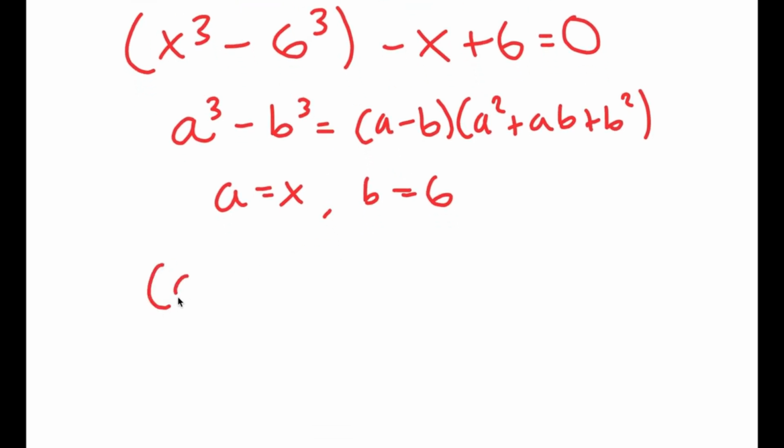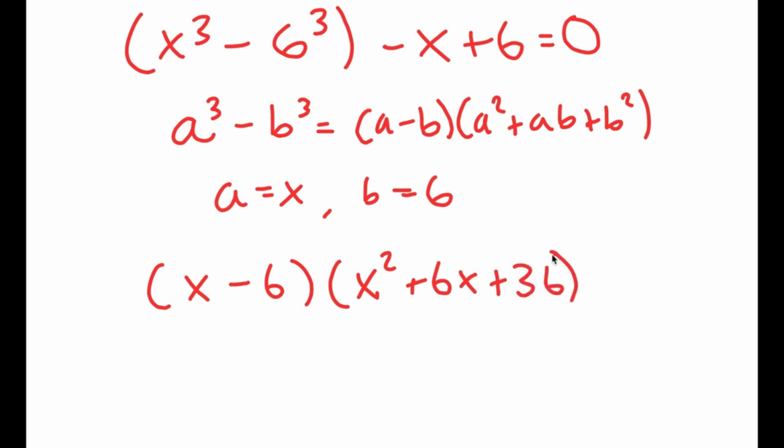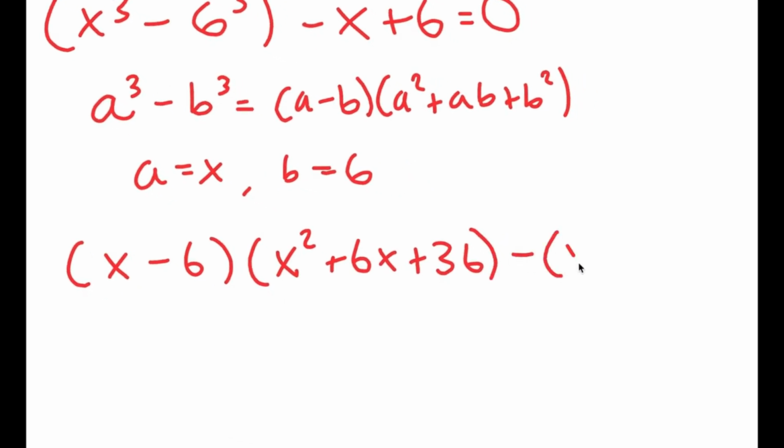So I get x minus 6 times x squared plus 6x plus 36, and we can't forget that we have minus x minus 6 at the end.